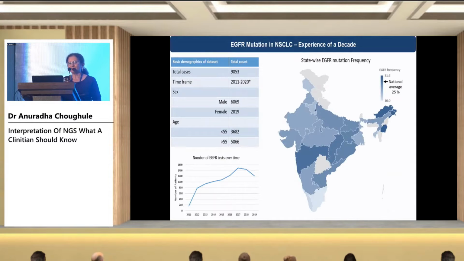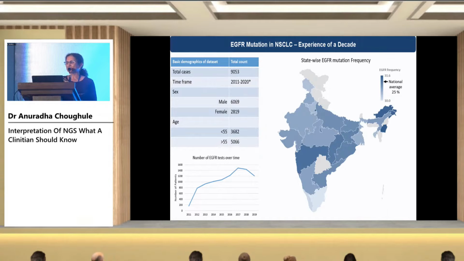So here we started EGFR testing in 2011, and up till now, it's a decade, we have finished around 8,000 EGFR single gene tests on real-time PCR. And we came across some interesting features. The first published data was in 2013, where the overall frequency rate in the Indian population was around 25%.